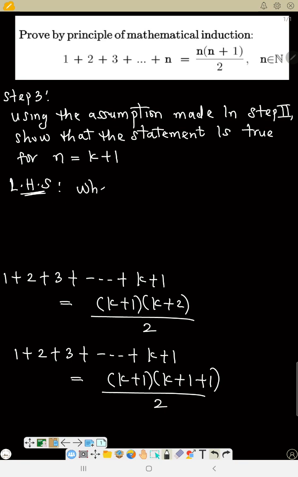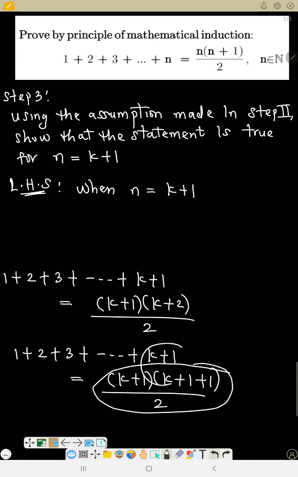When n is equal to k plus 1, remember that is our third step: we want to show, using the assumption made in step 2, that the statement is true for n equals k plus 1. So anywhere you see k plus 1 in this last equation, put n back.